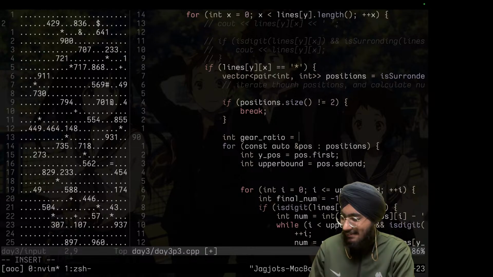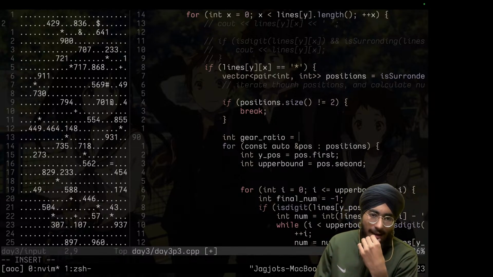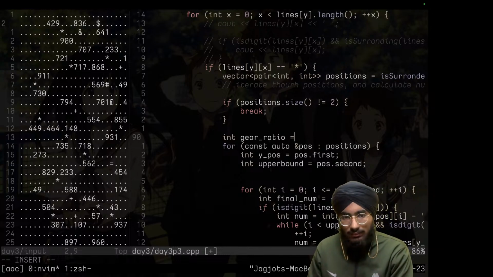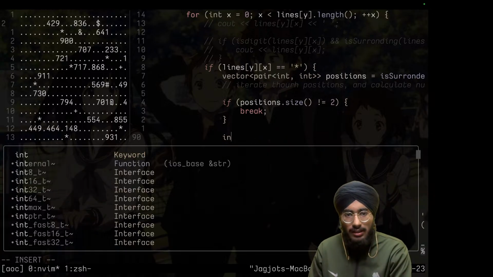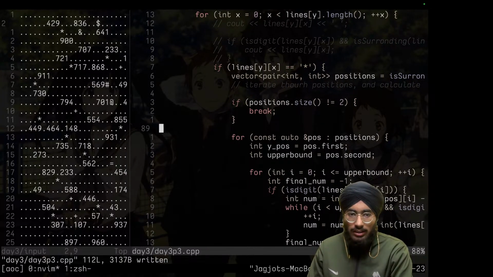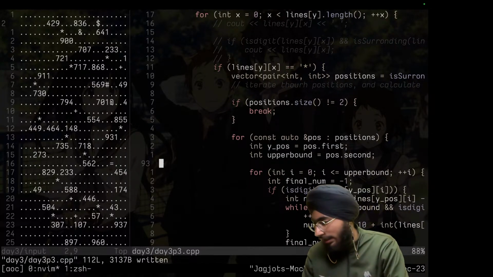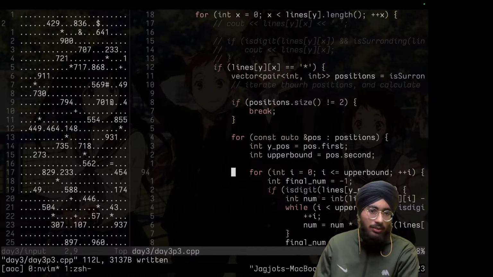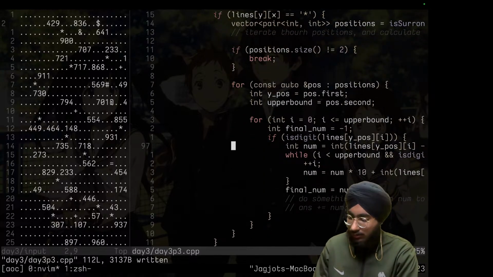Well, guys, make a ratio. Yeah, I'll check this code tomorrow because it is late tonight and I also need to have dinner.